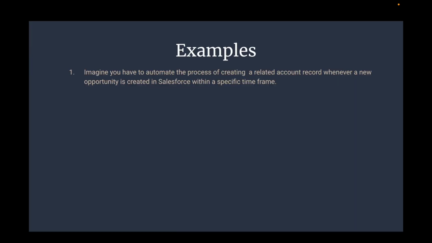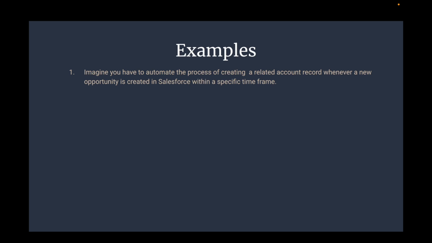So let's move on. If we have an example, we'll identify and justify why we are using which trigger event. So imagine we have to automate the process of creating a related account record whenever a new opportunity is being created in Salesforce within a specific time frame.